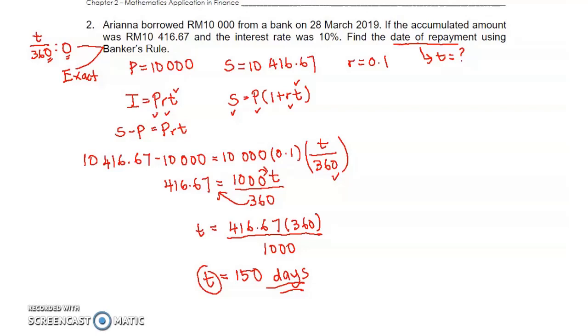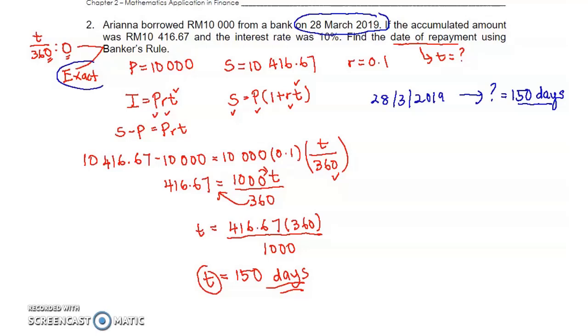Okay, now we want to find the date of repayment, given that the loan was borrowed on 28 March 2019. So from 28 March 2019 until which date is equal to 150 days? In this question we use banker's rule, so banker's rule uses the exact number of days in that particular month.